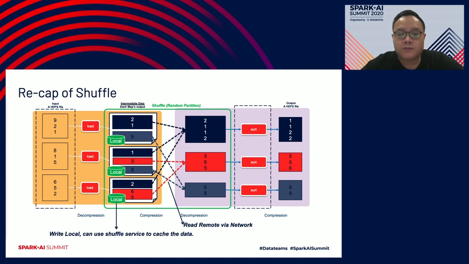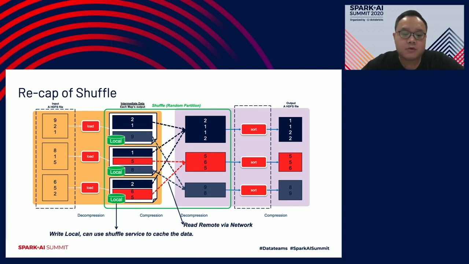Let's take a look at what Shuffle is. Basically, it's a process of exchanging data from the mapper to the reducer. For example, the mapper will read the input data and split it into multiple splits, then use a user-defined function to do the calculation and merge it on the local disks.